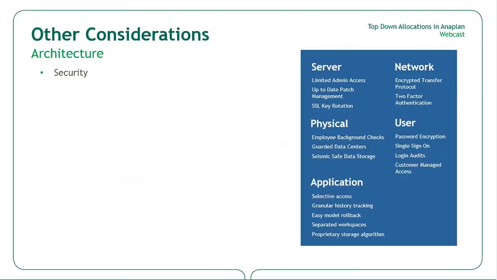I've got some of them up on the screen here so we can see things like selective access, model rollback, separate workspaces. It's got single sign-on. And it allows you to use your AD authentication to sign on.